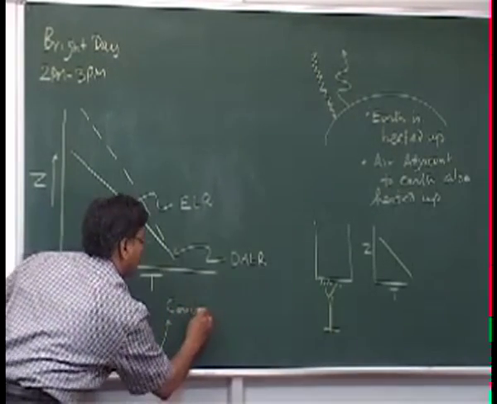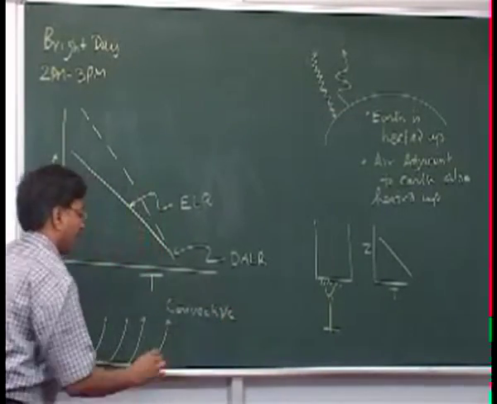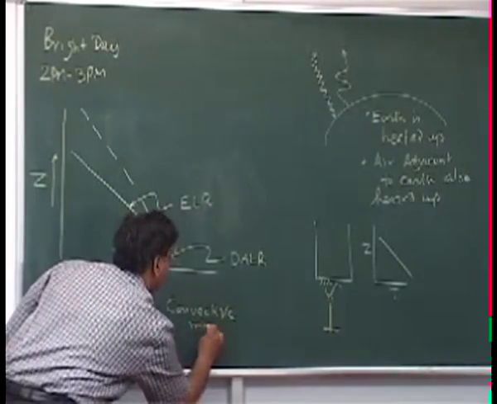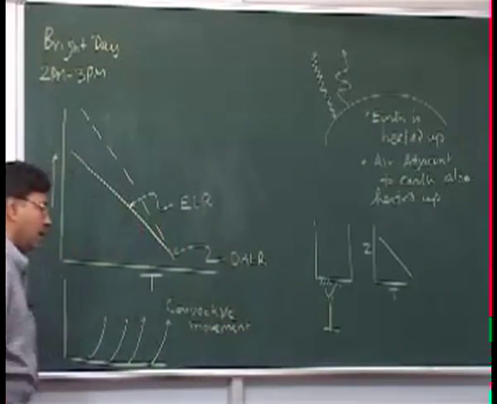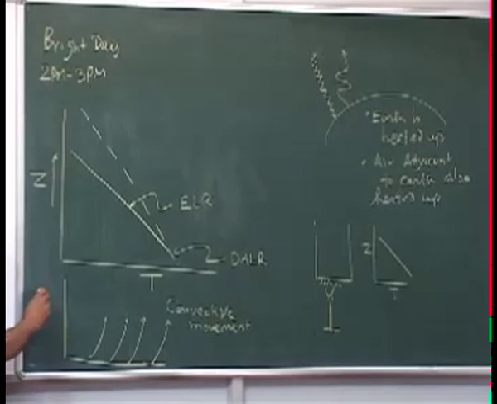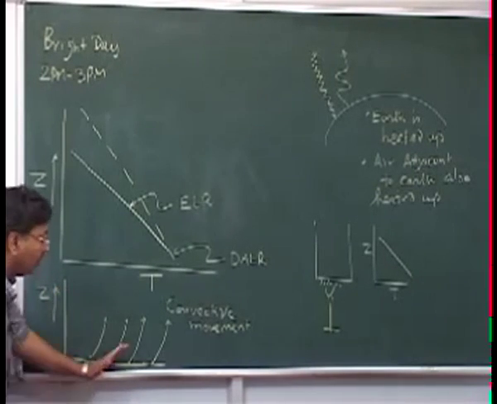Convective movement. And don't forget, wherever I am drawing the graph, there is always Z here. This is not Z, but this is the Z here, not showing the temperature, but the go up.